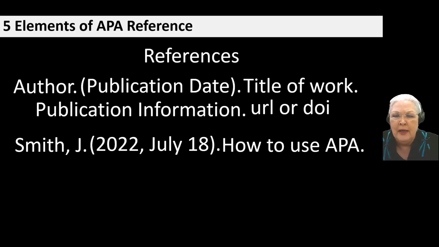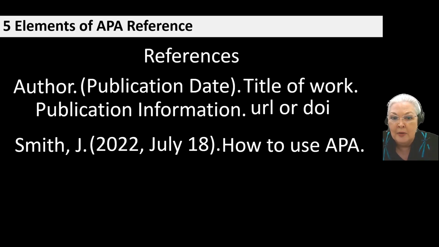Now there's a quirky little thing about titles of works in APA, and that is that you only capitalize the first letter of the first word. If you have a 2-part title, you capitalize the first letter of the first word in the second part, and proper nouns and adjectives.